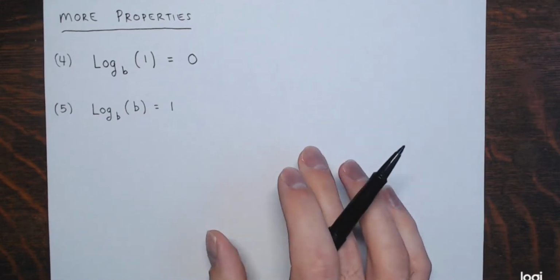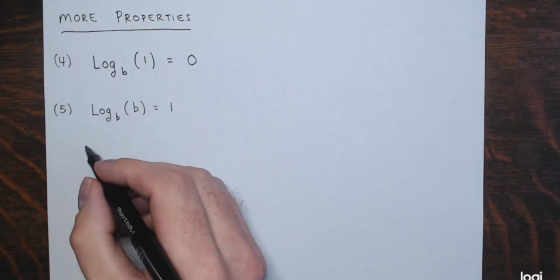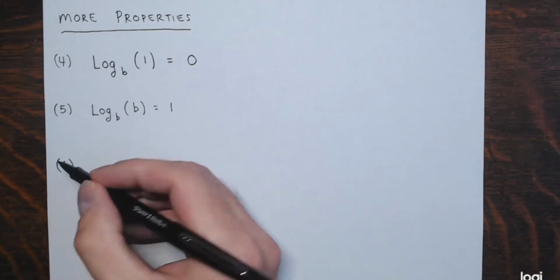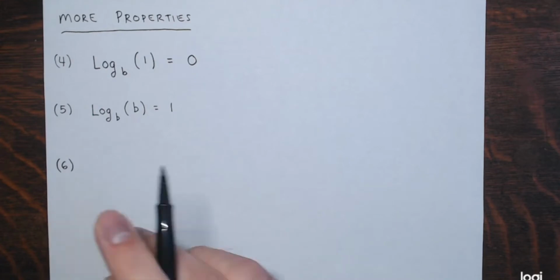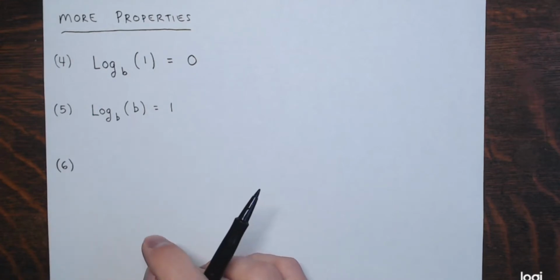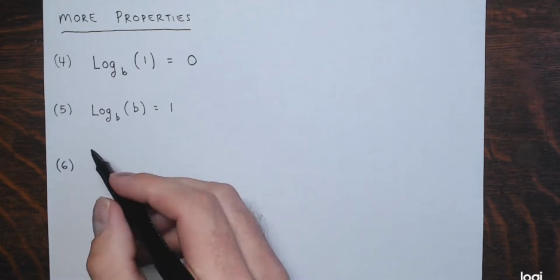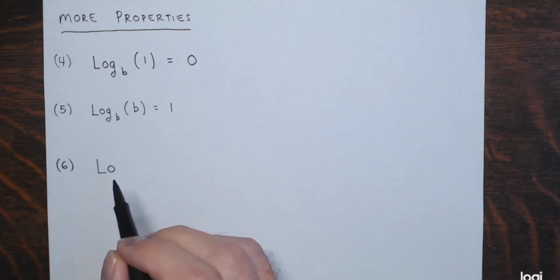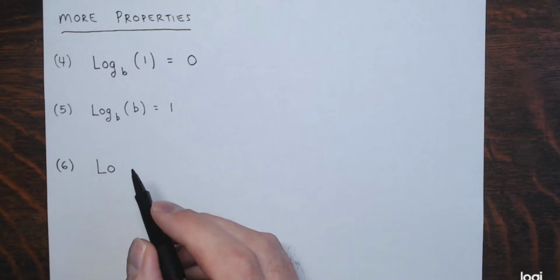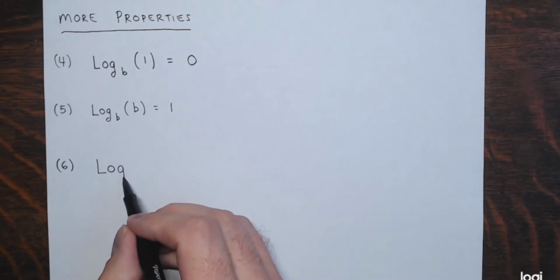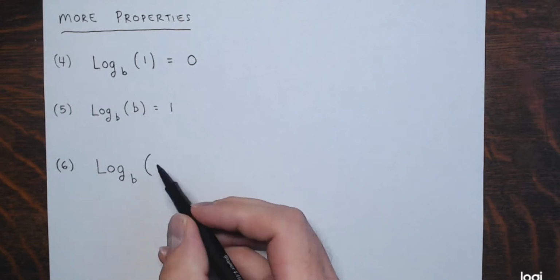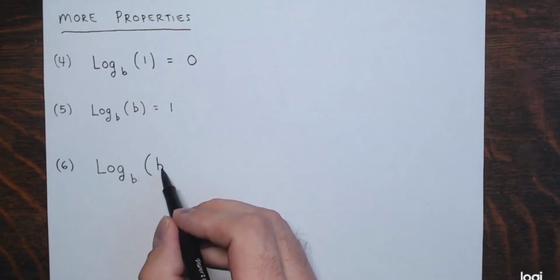Alright, and then there's those inverse properties. Call these 6 and 7 here. And this has to do with the fact that logarithmic functions and exponential functions are inverses. So first one is where I compose logs with exponentials. Put an exponential into a logarithm. So if you take the log base b of b to the x power.